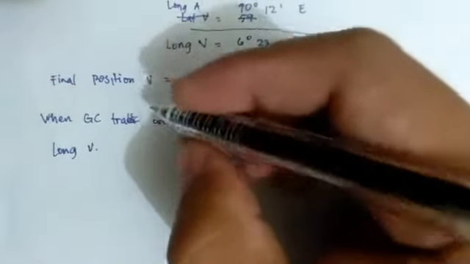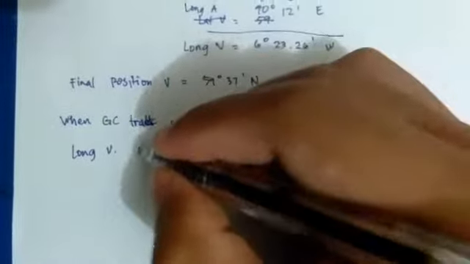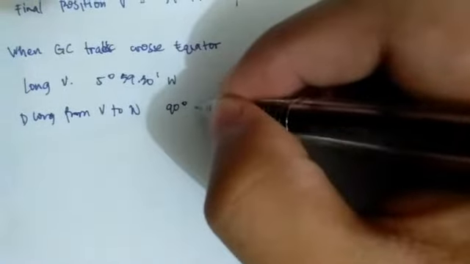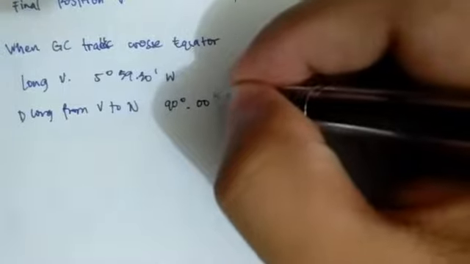So we have the longitude of the vertex, which is 5 degrees 59.30 minutes west, and the d-long from V to N, which is 90 degrees 00 minutes.